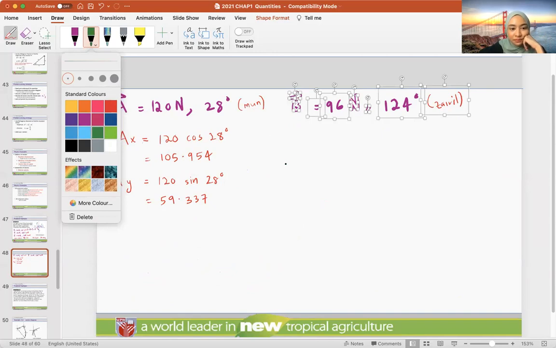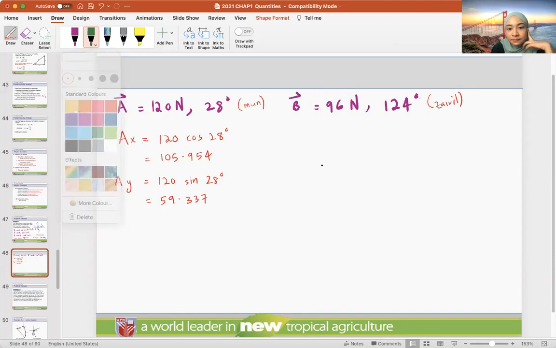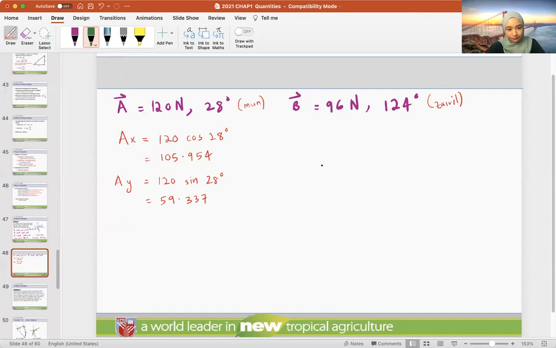So dia pun macam tak dapat juga apa yang Miss ajar sebab line dia teruk. Dia mesej saya. Doktor nak tanya. Yang komponen Y untuk A tu kita orang dapat lain. Oh ya ke? Berapa? Doktor ambil berapa titik perpuluhan?